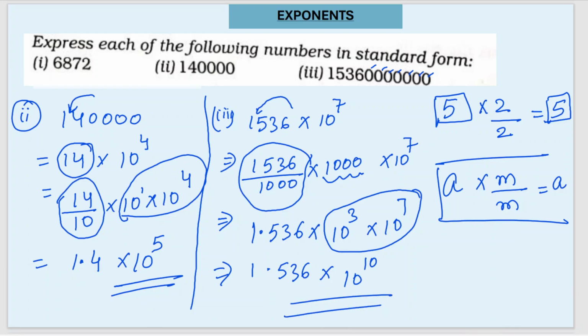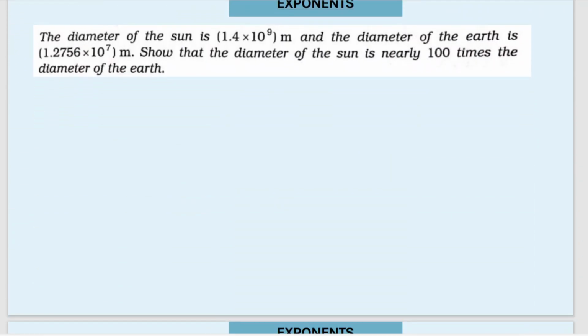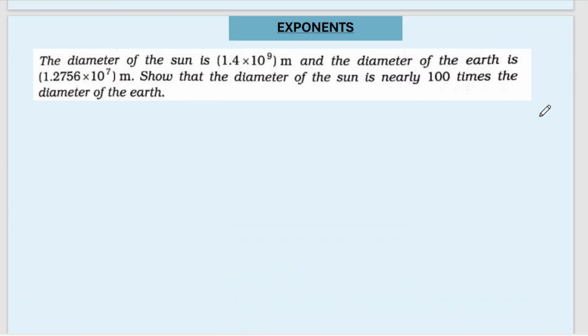Next question. The diameter of the sun is 1.4 into 10 to the power 9 meter, and the diameter of the earth is 1.2756 into 10 to the power 7 meter. So the diameter of the sun is nearly 100 times the diameter of the earth. Nearly means we are not going to get the exact value.